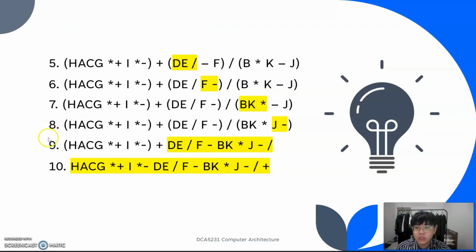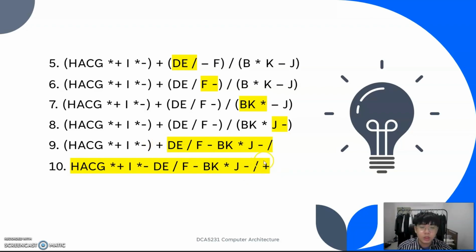Now we look at the next line. We do the divide first, so the solution will be DE divided by F minus BK multiple J minus divide. Then we look at the plus, so the solution will be hacg multiple plus I multiple minus DE divided by F minus BK multiple J minus divide plus.